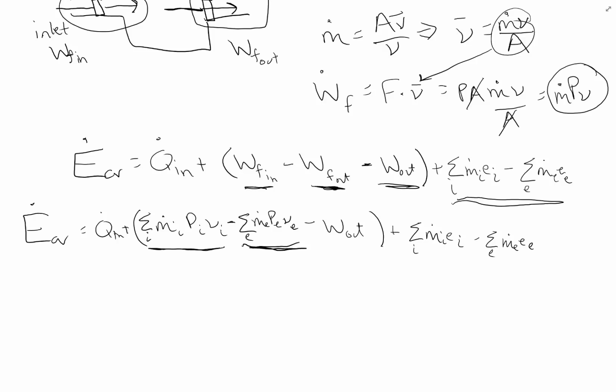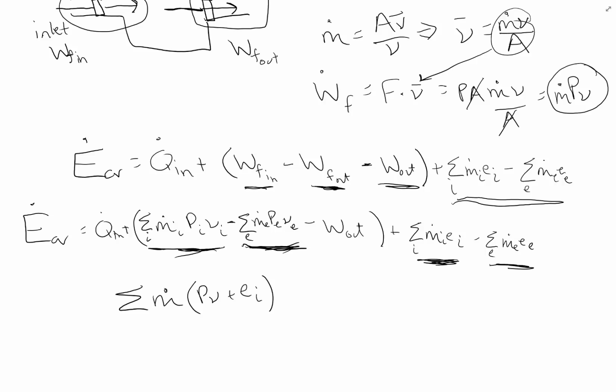And now what you should notice is that we have, for the flow work, a sum over all the inlets, and we also have the same thing for the energy. We have a sum over all the exits for flow work. We also have a sum over all the exits for energy. Now, that means that we can combine those into the same summation. So let's look at what that will look like.